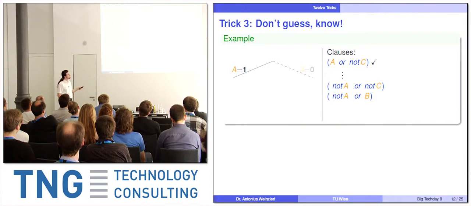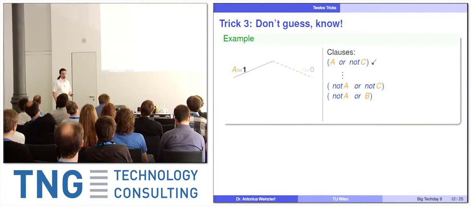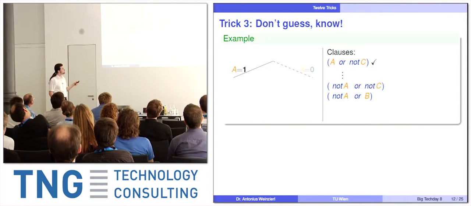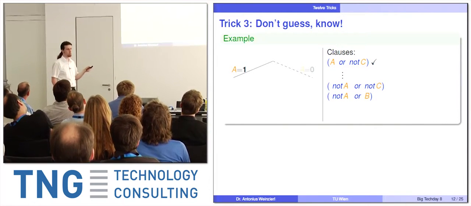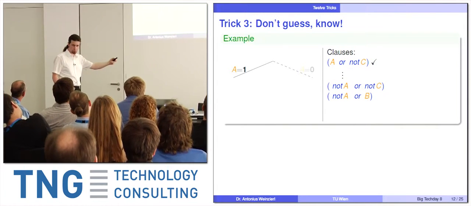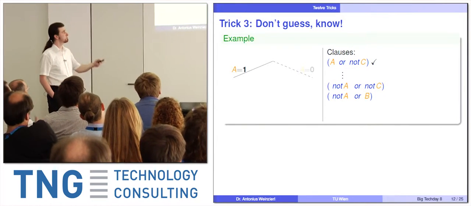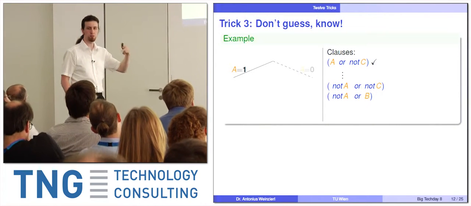And now there is only one variable, a negated one here and a positive one there, in the clause remaining. So for this clause to be true, it must be the case that C or not C evaluates to true. So this means that C must have the value false.